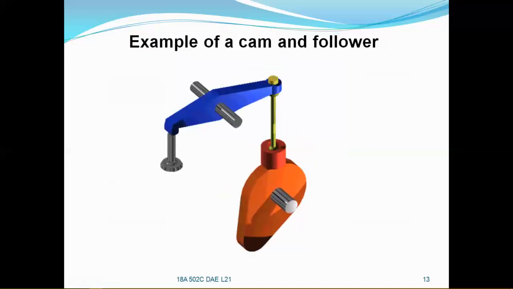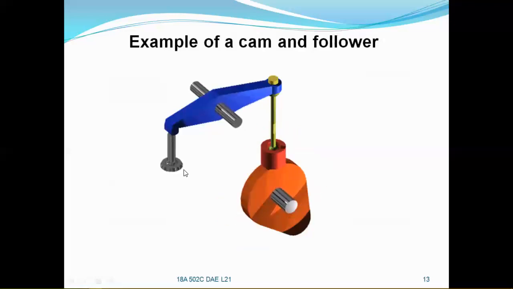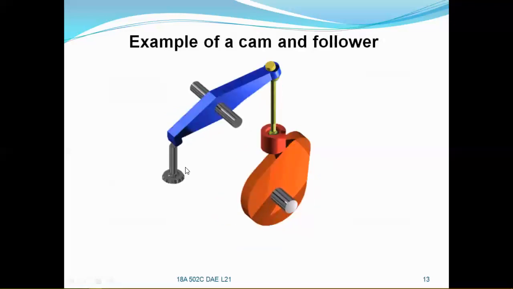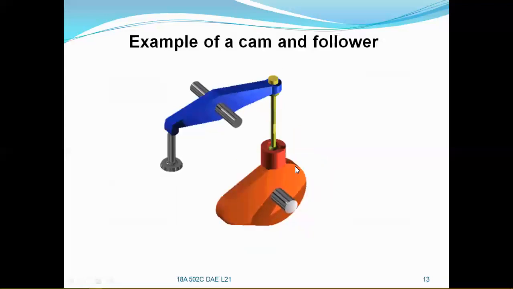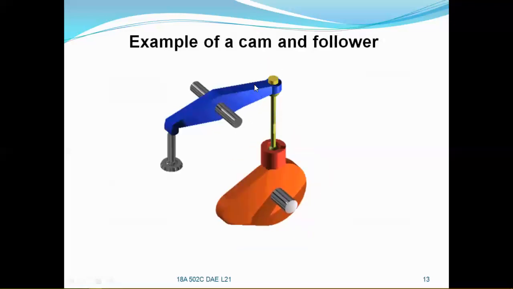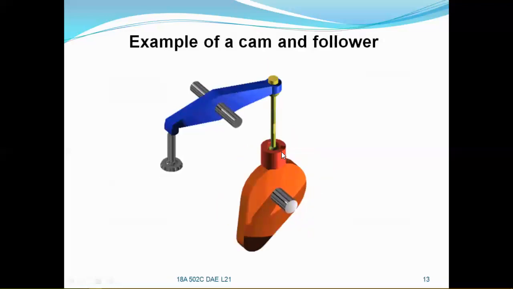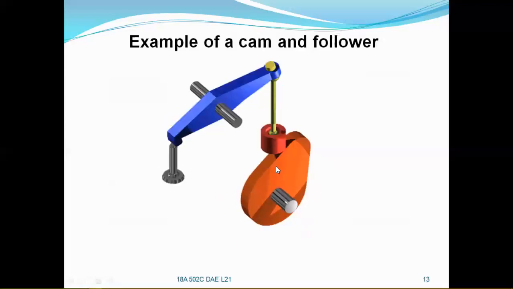And here is another example, just like the IC engine example. This is the valve which is opening, and this is the camshaft and cam, and this is the rocker arm, and this is the follower, which is always in connection with the plate cam.